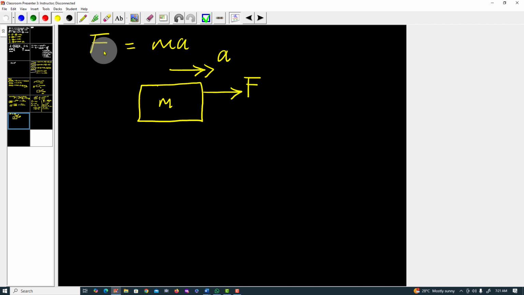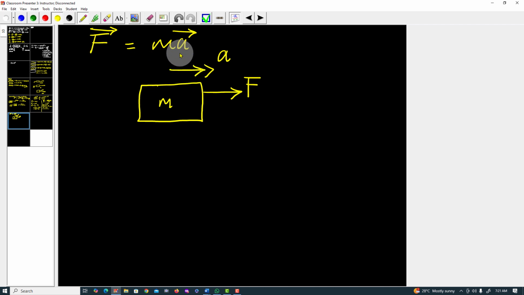Very important. So when we come to this equation and we put arrows like this, it is to show that the resultant force is a vector, the acceleration is a vector, and that this acceleration is produced by the resultant force.